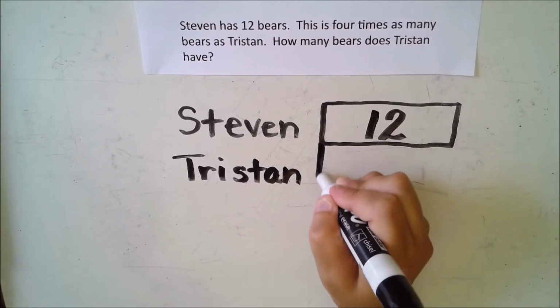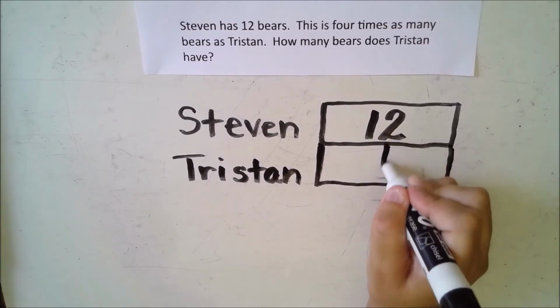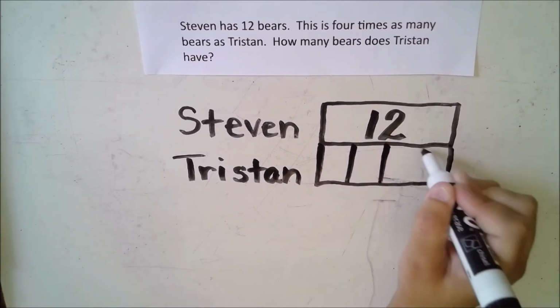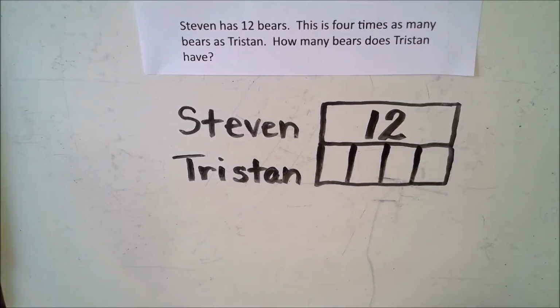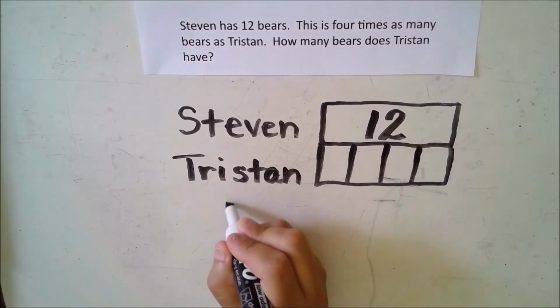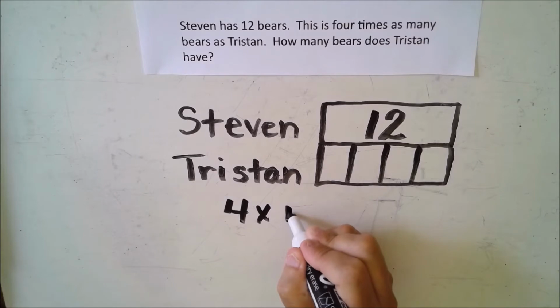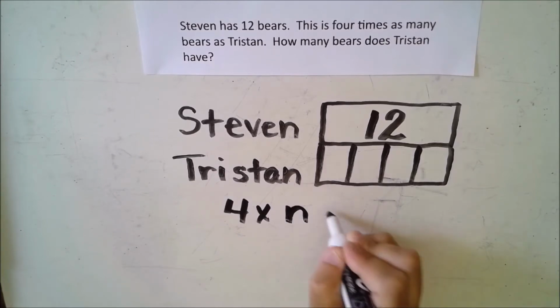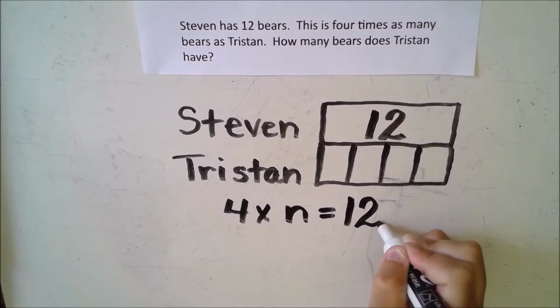So for Tristan, we know that it's going to take 4 boxes to equal the same amount. So to put this into an equation, we know that 4 times some number is going to give us 12.